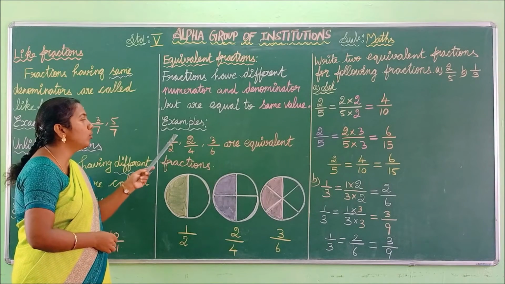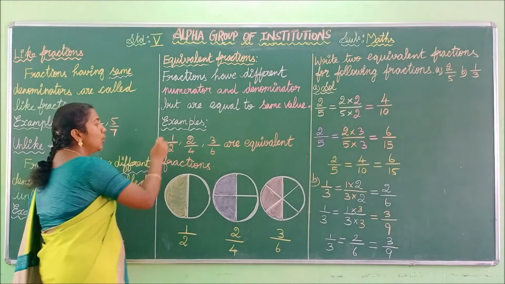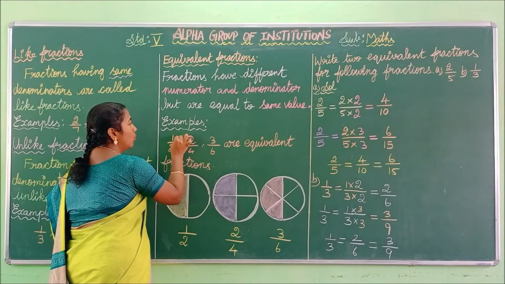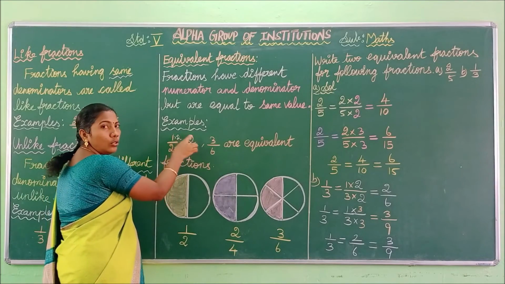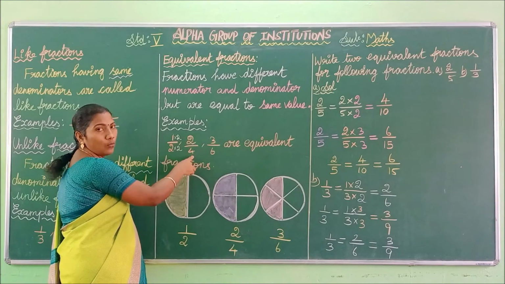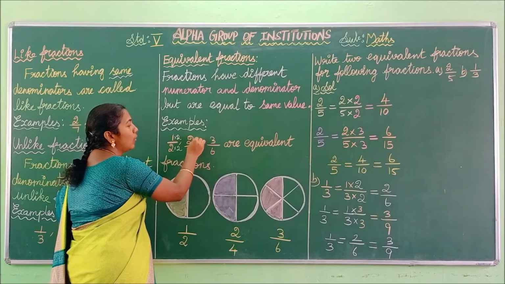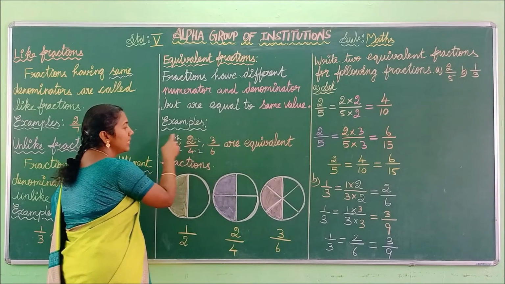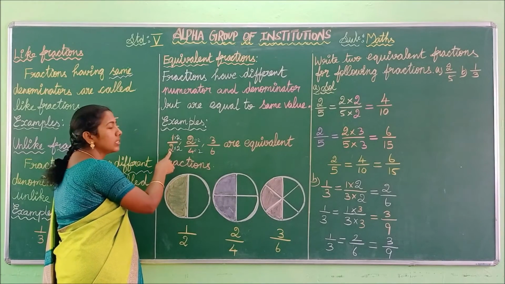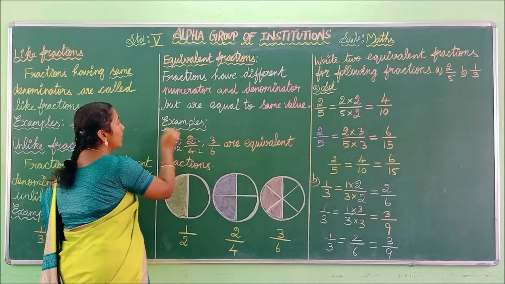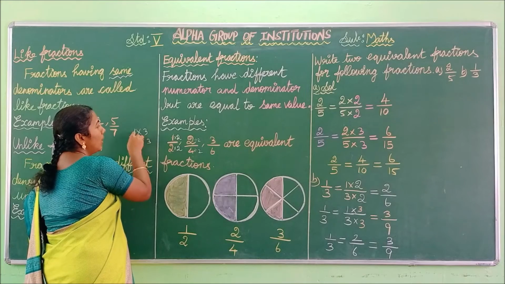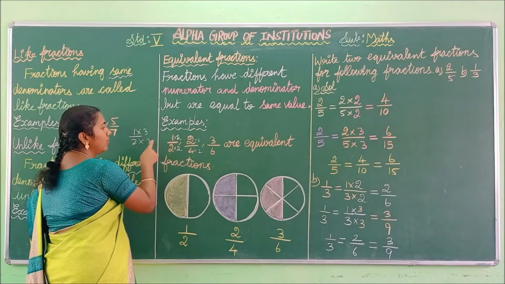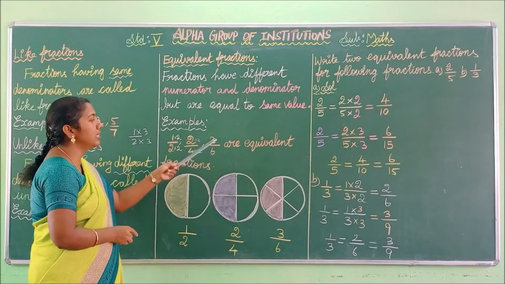If you multiply the numerator 1 as well as the denominator by 2, 1 2 is 2, 2 2s are 4. If you divide the 2 and 4 by 2, you get the same value, that is 1 by 2. Similarly, if you multiply 1 by 2 by 3, 1 into 3, 3; 2 into 3, 6. So our answer is 3 by 6.